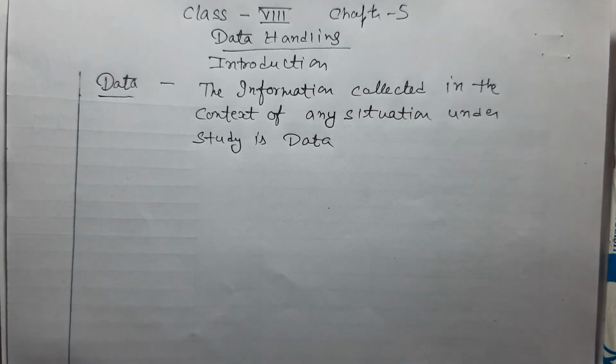We can have any information: runs made by a batsman in the first 10 overs, last 10 overs, marks scored by the students. This we all call data.